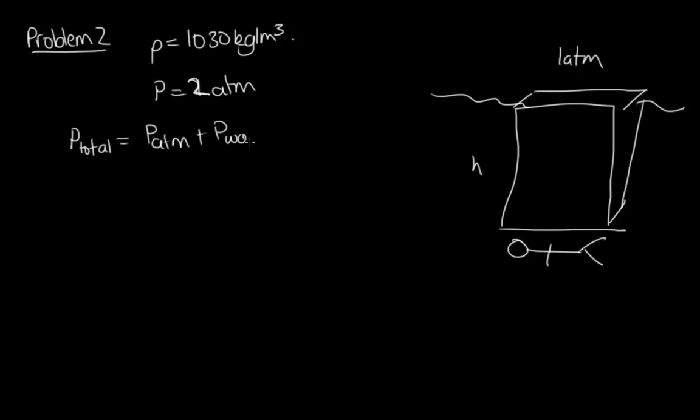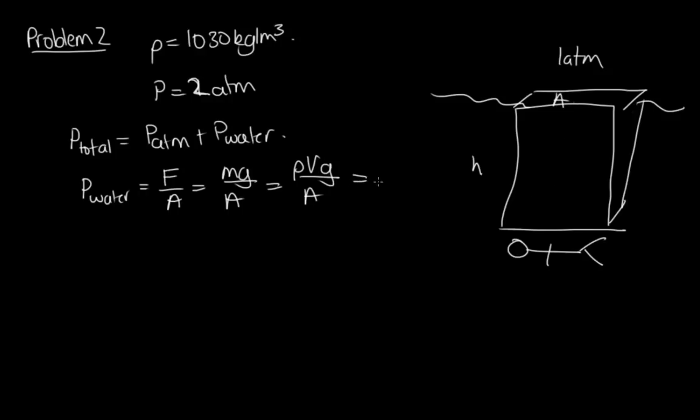So we've got that P total is equal to the pressure due to the atmosphere plus the pressure due to the water, and the pressure due to the water is equal to the force over the area from the water, which is the weight of the water over the area, which is equal to the density times the volume times g over the area, and the volume is just h times this surface area. So this is equal to rho h A g on A, which is just rho h g.